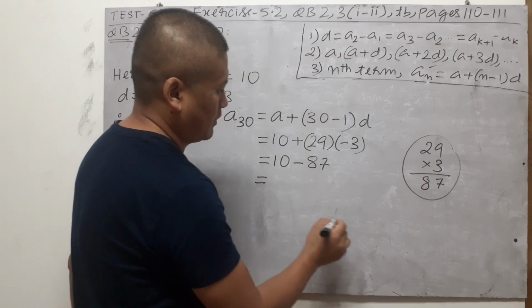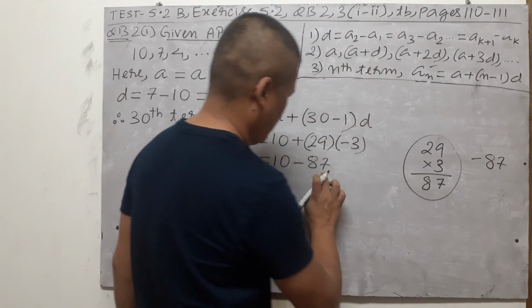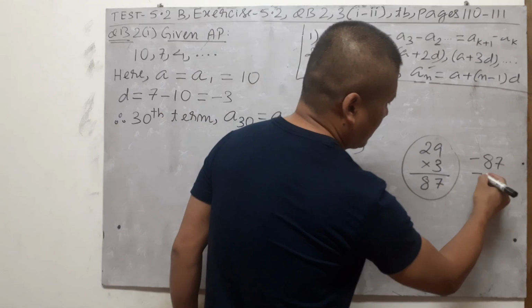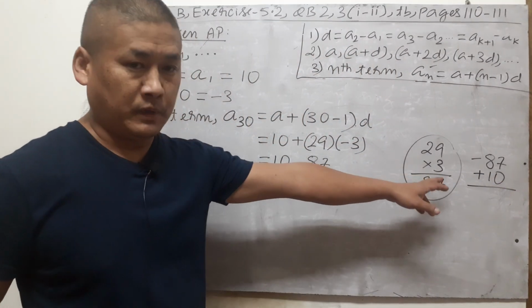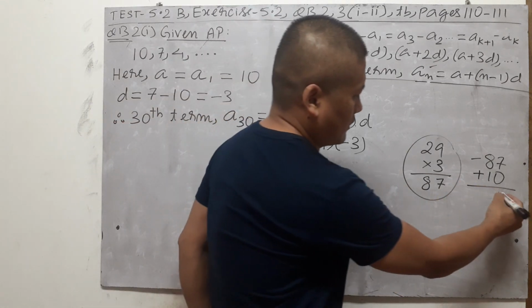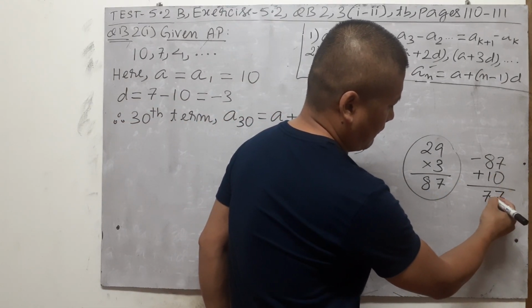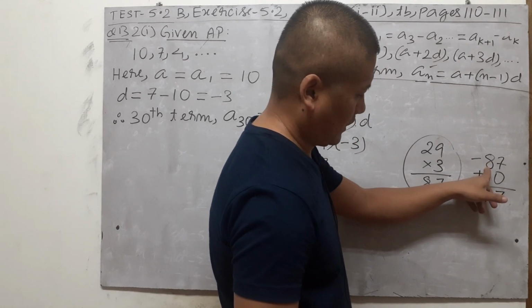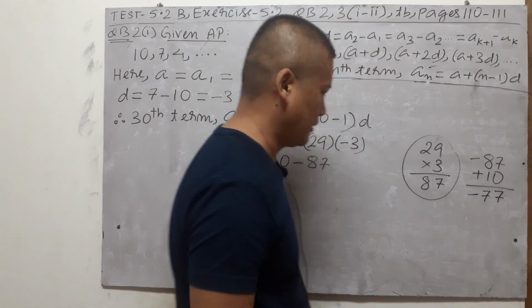Then here bigger absolute value is 87 having a minus sign, and smaller absolute value we always put it below. So plus minus means now subtraction. So 7 minus 0 is 7, and 8 minus 1 is again 7. Bigger absolute value 87 having a minus sign, so the answer here also will have minus.